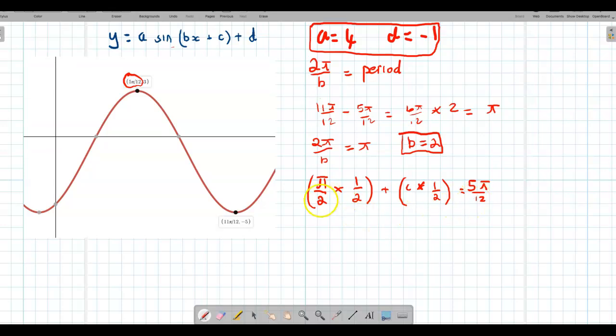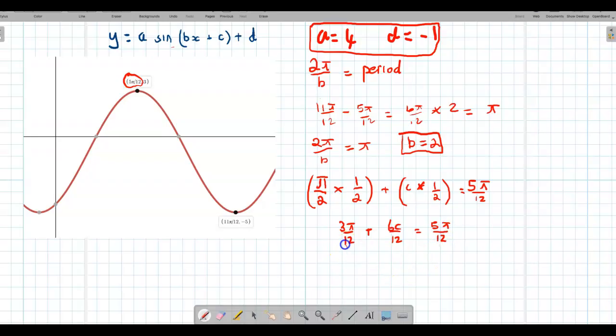Now as that's over 12, I'm going to make all of these over 12. So it's pi divided by 4, so I'm going to make it 3 pi divided by 12. This is C divided by 2, so I'm going to make it 6C divided by 12, and that equals 5 pi divided by 12.